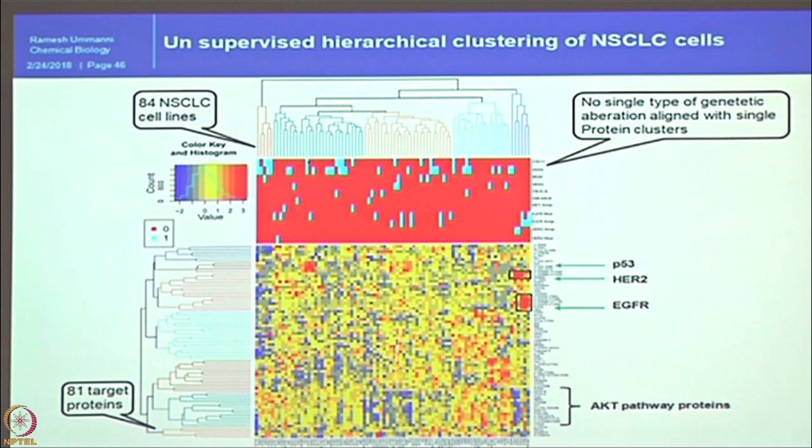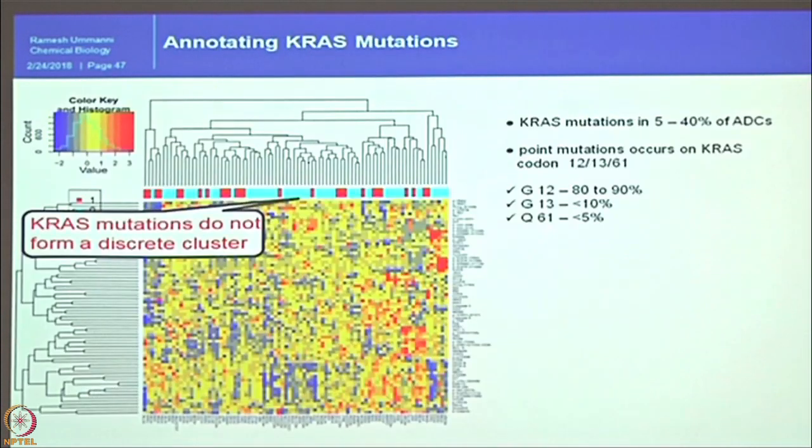We looked at this again, and we see some of the AKT pathway proteins are inversely related here. Red means upregulated, blue means downregulated, yellow means no change. So this blue color is inversely proportional to the red color observed here. Then we looked in detail.